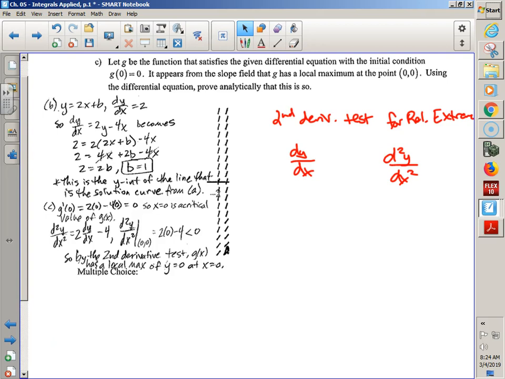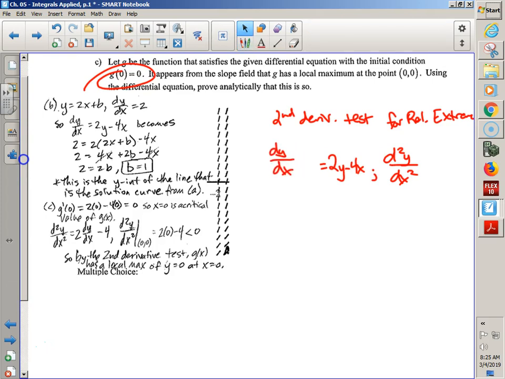So I need a critical number, right? What are they talking about? They're talking about g of 0 equals 0. Can you guys look at your differential equation? What's the differential equation for g according to the given at the very beginning? 2y minus 4x.